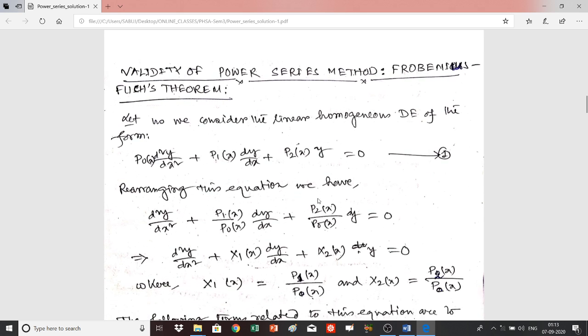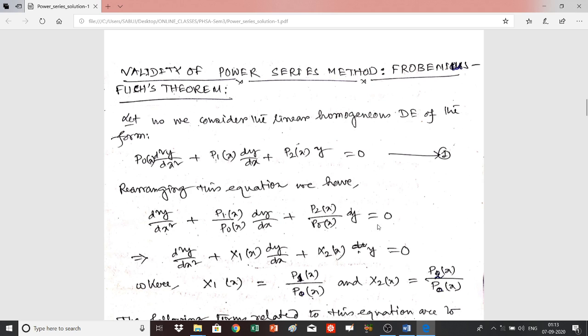And you know that here p0(x), p1(x), p2(x) are constants or functions of x. And now rearranging this equation, that is equation number 1, we have d2y by dx square plus p1(x) by p0(x) into dy by dx plus p2(x) by p0(x) into y is equal to 0.